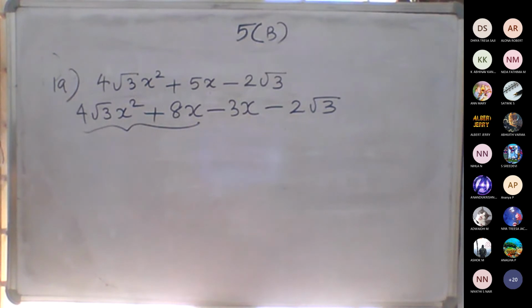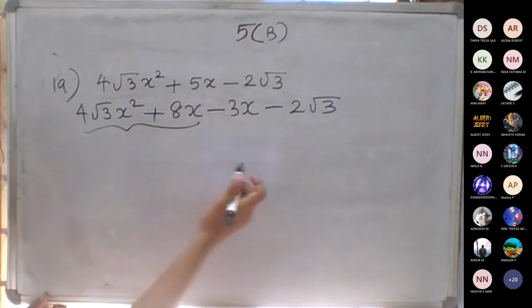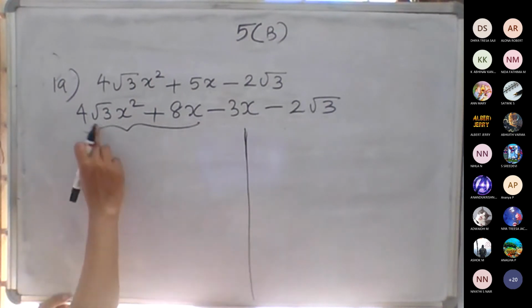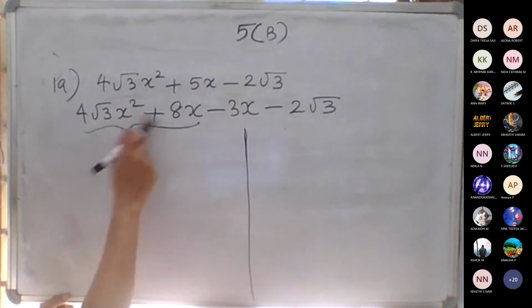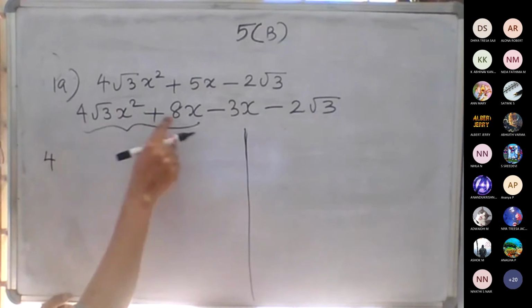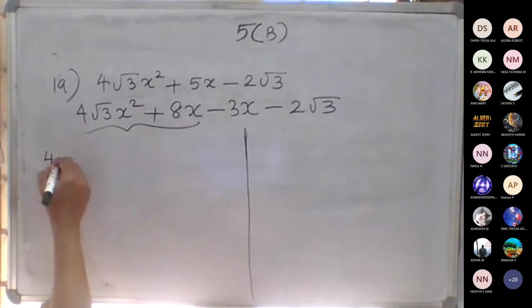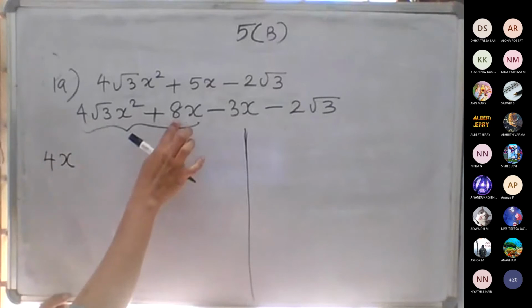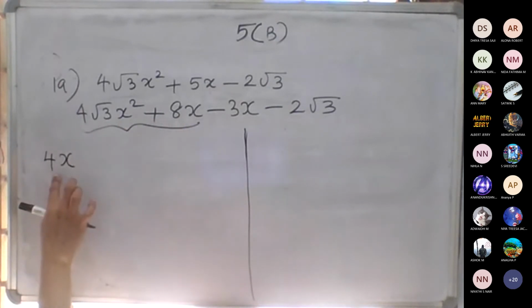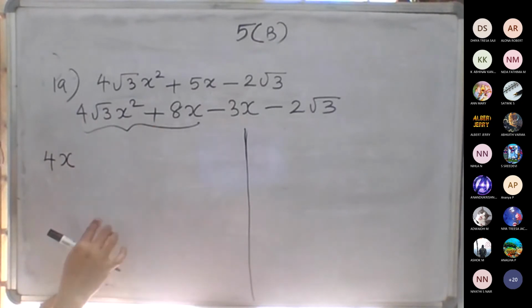From which two? Can we take 4x common? From where? Okay, 2x. I will give you two methods, whichever is convenient. From here, 4 and 8 are there, x is there. So which one can we take common? From 4 and 8 we can take 4. Why are you bothering about 2? Directly you can take 4, no?